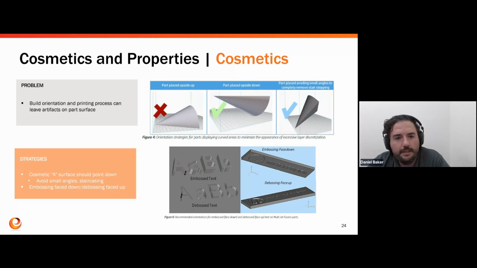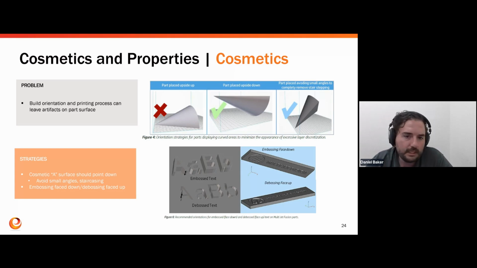The cone on the top here is showcasing how build orientation will ultimately affect your part. So with rounded surfaces, it is a layer by layer process, but you're not going to see layer lines like you would, say, on an FDM or an FFF part, where you're building them a single layer at a time. You will see a slight, like a disco effect is what I will call it, but like ringing on your part, where that powder is being stacked on top of each other and the parts are being fused.